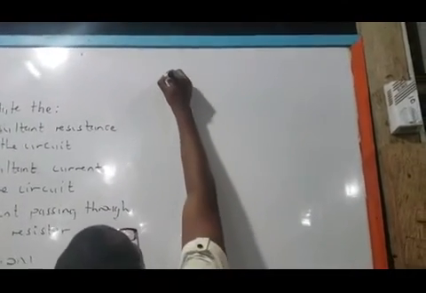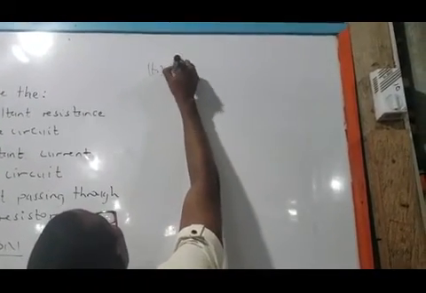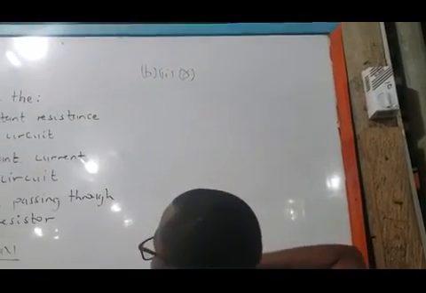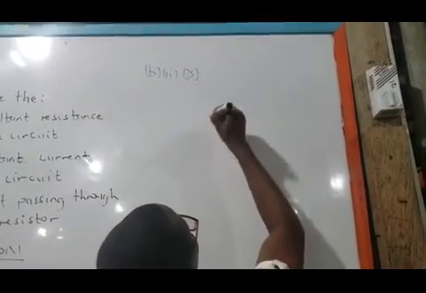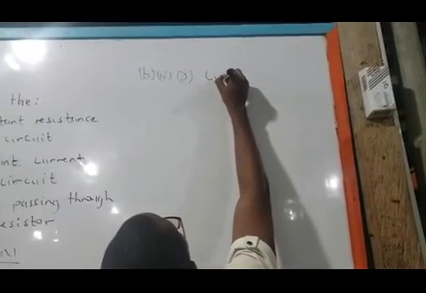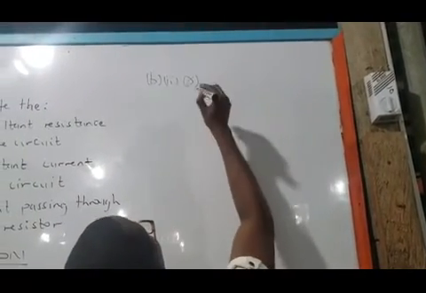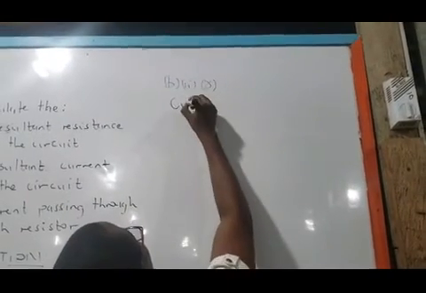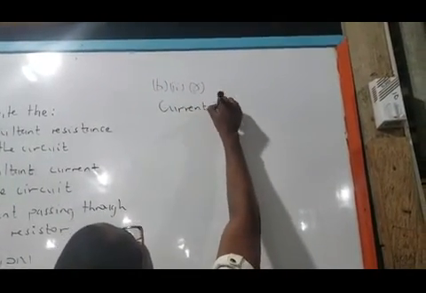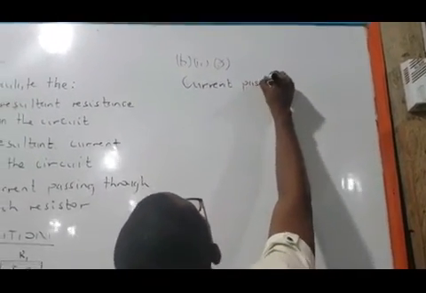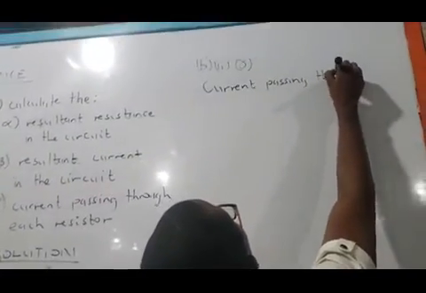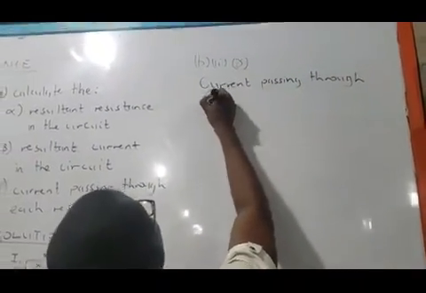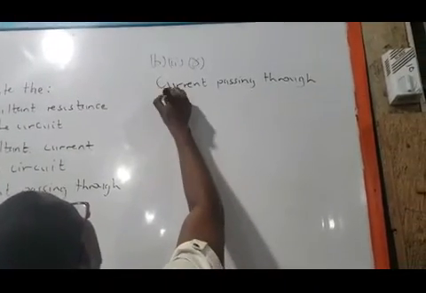So still on B, the gamma. First of all, the current passing through the 5 ohm resistor.